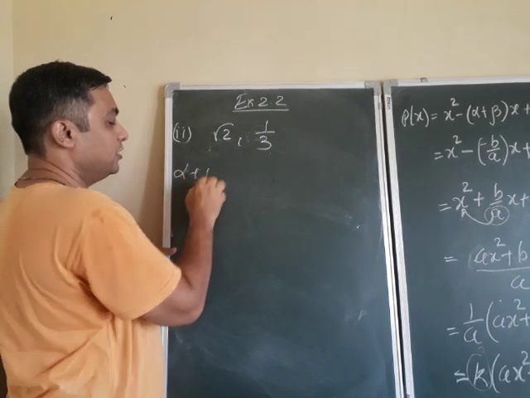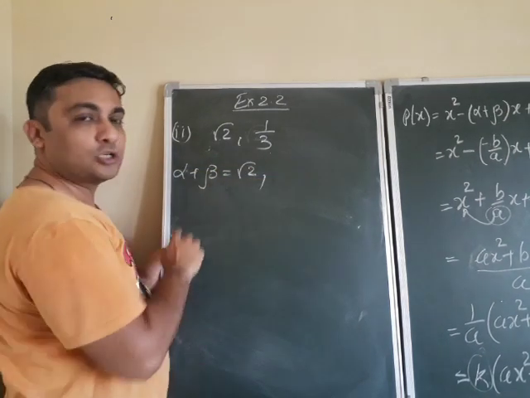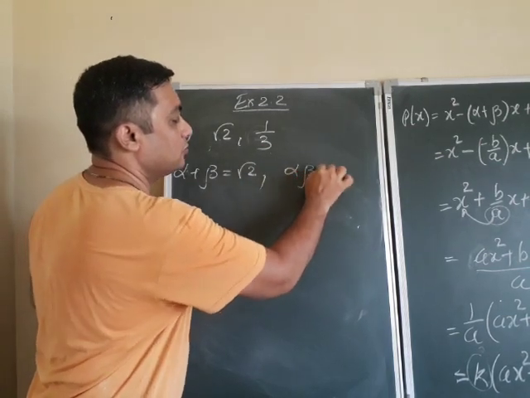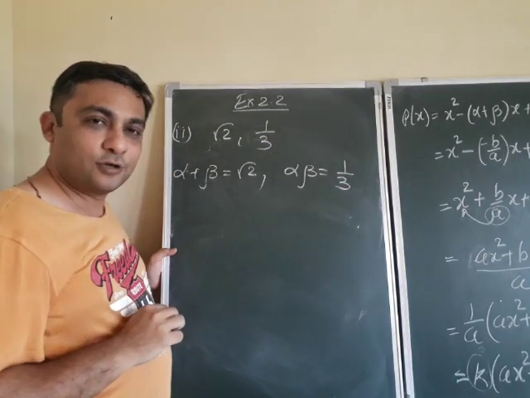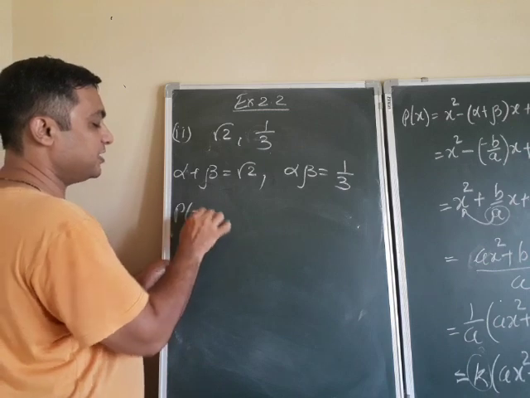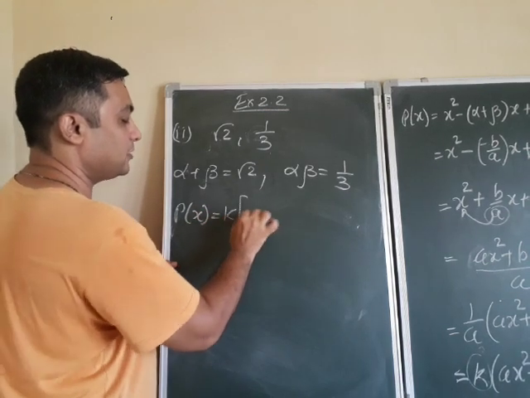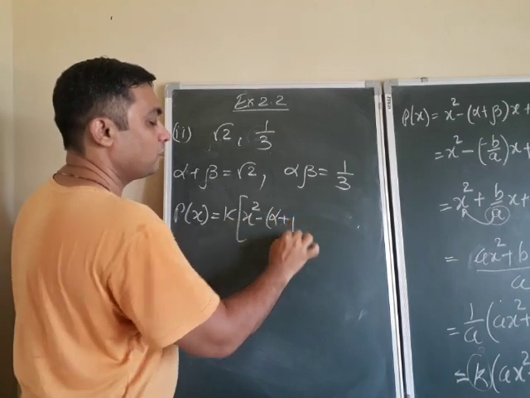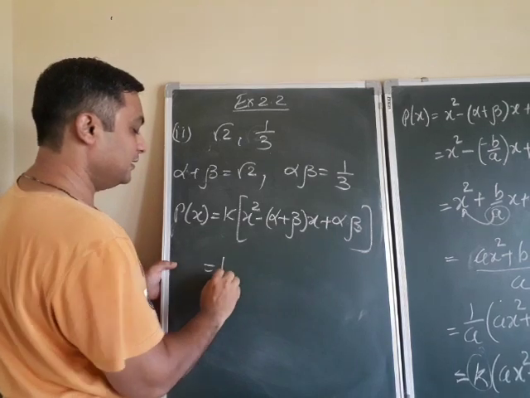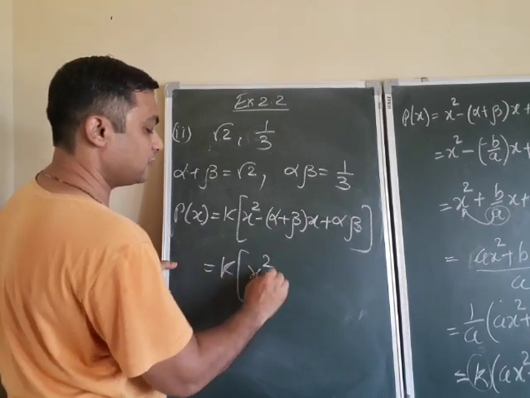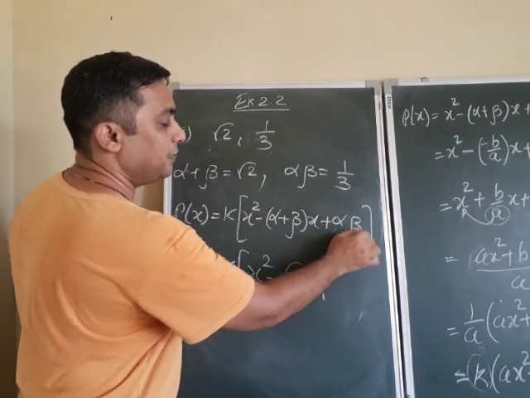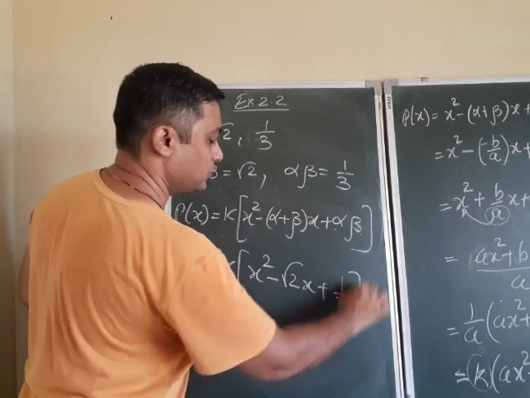Sum of the zeros means alpha plus beta, because zeros are known as alpha and beta in Greek letters. Product of zeros or product of roots, both are the same. So the polynomial is expressed as k in bracket x square minus (alpha plus beta) into x plus alpha into beta, is equal to k x square minus root 2 x plus 1 by 3.